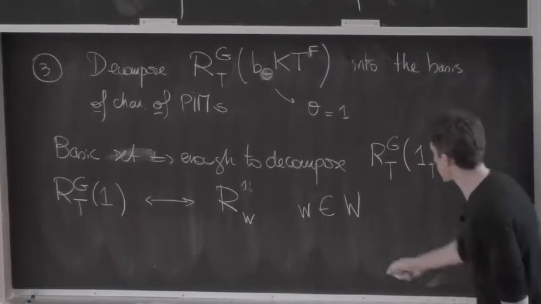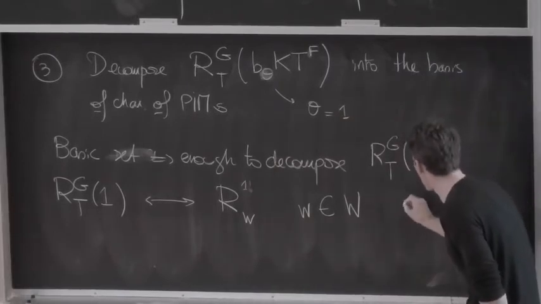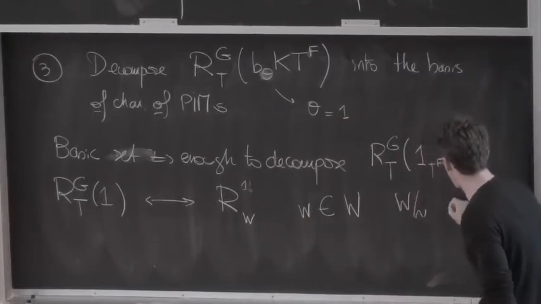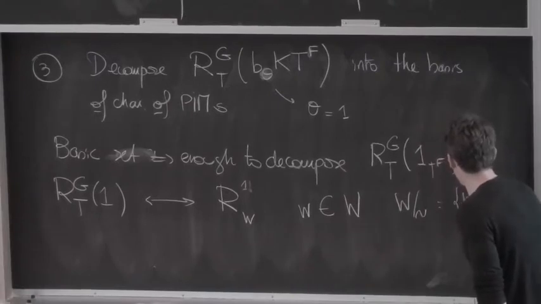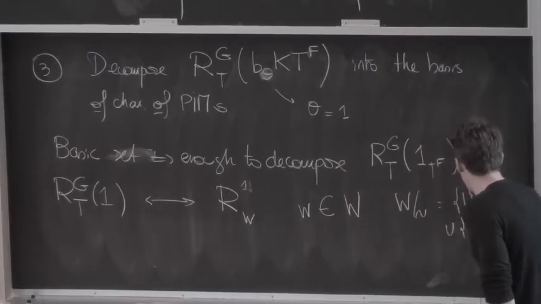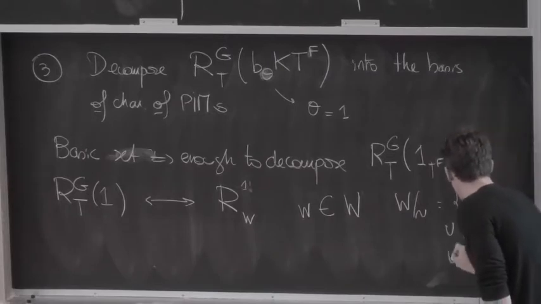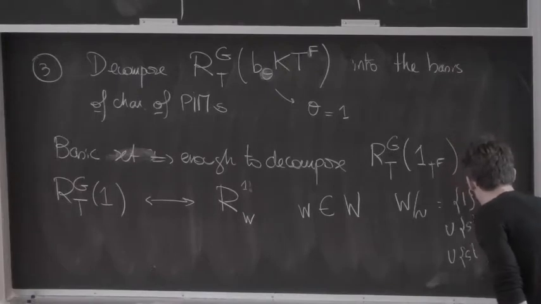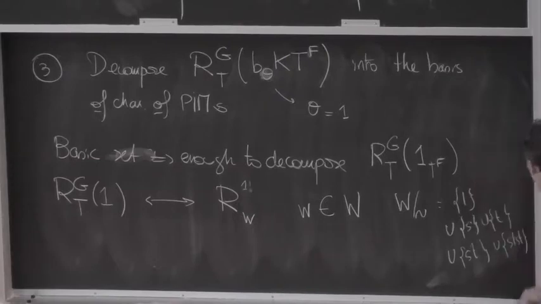Up to conjugacy, the elements that I have to consider are first the element 1, then S, T, and ST, which is conjugate to TS, and then ST, ST, W0. So I have 5 conjugacy classes, 5 characters. I'm going to compute each of these and decompose it on the basis of projective indecomposable modules.